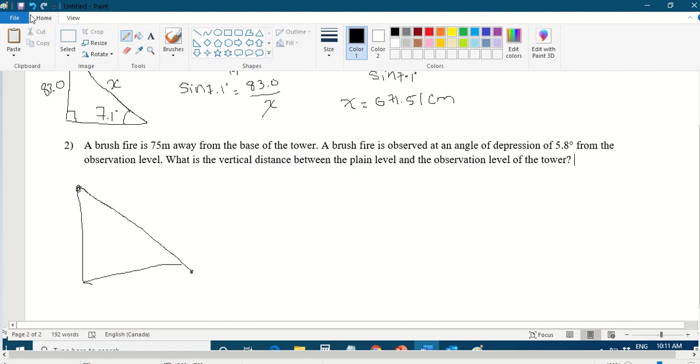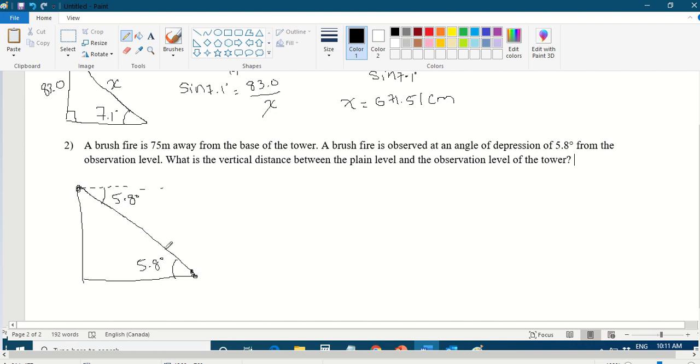Okay, so that should be a right angle triangle. So let's make it a little bit better. So it should go something like this. So the angle this person is observing is this angle right here, which is 5.8 degrees. Using the Z pattern, whatever angle is here, this angle right here has to be the same.